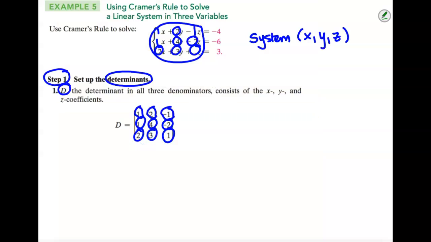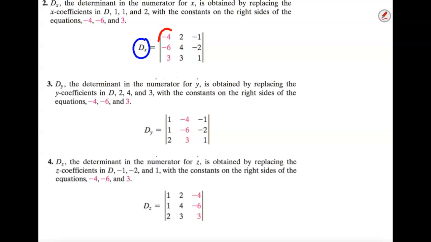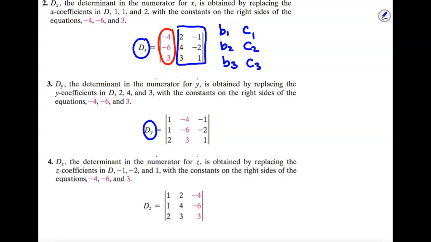So if you go back, here are your red numbers, and they're going to be replaced right here. These 6 are still your b sub 1, b sub 2, b sub 3, c sub 1, c sub 2, and c sub 3.